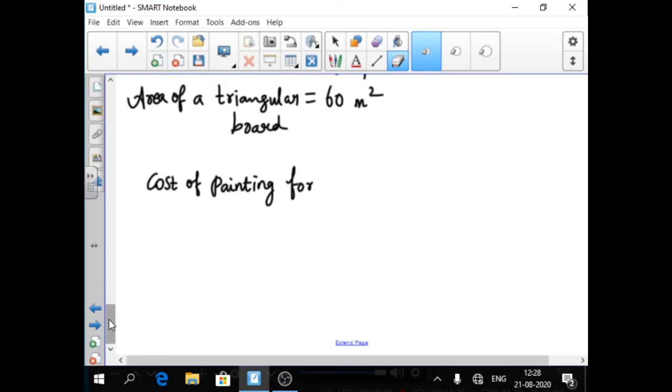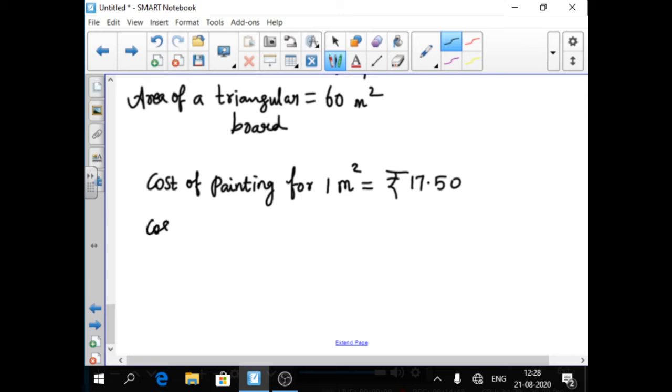So the cost of painting for 1 meter square is equal to rupees 17.50. Okay, so we want to find the cost for 60 meter square.